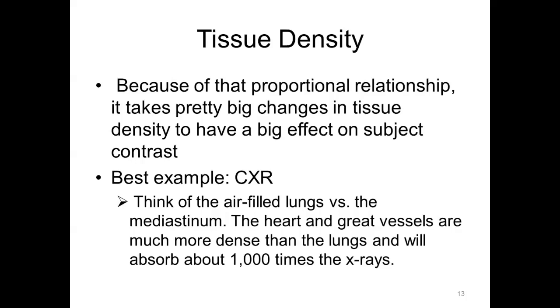Not too far apart in terms of atomic number, but in terms of density, huge. Air is a gas, has a very low density compared to soft tissue. Soft tissue density is pretty close to that of liquid water. So your soft tissue is going to absorb about 1,000 times more X-rays than your lungs.